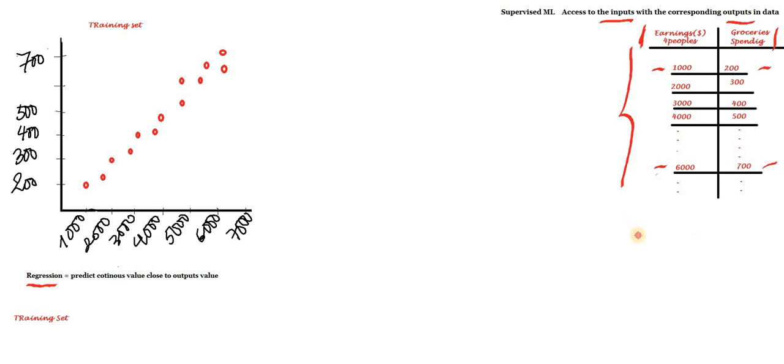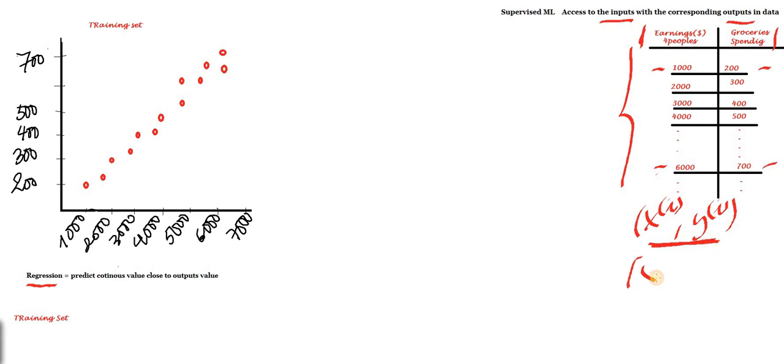So let's denote our training example as x superscript i and y superscript i. This is just a training example, and the i is the index on our training set.